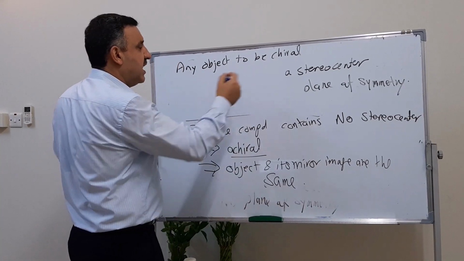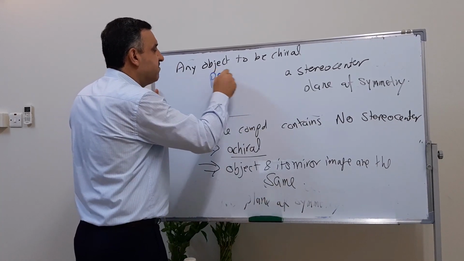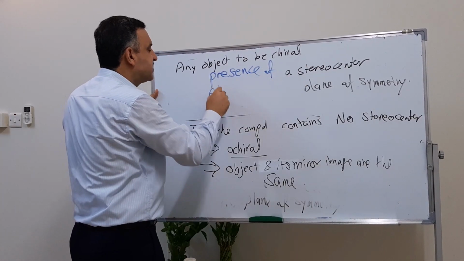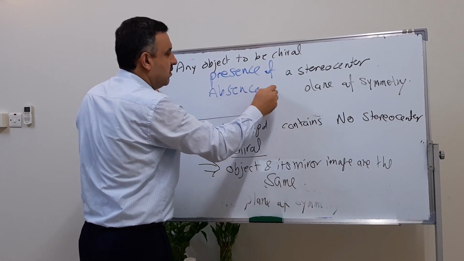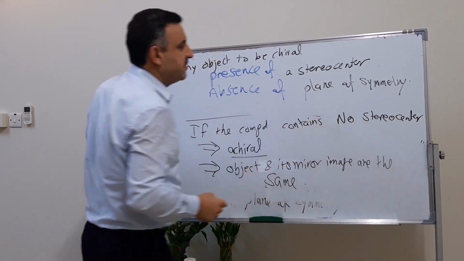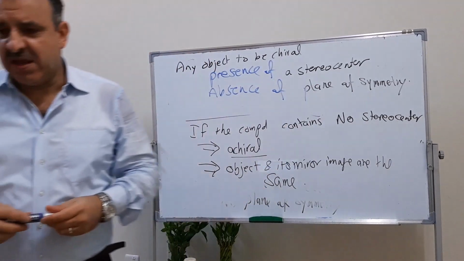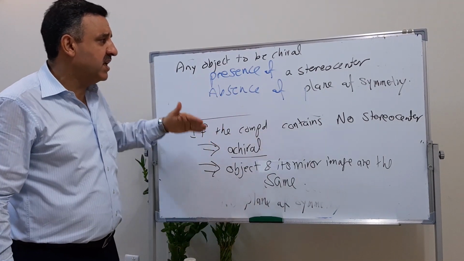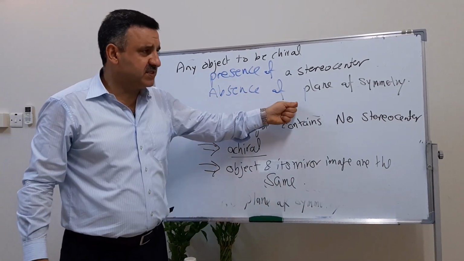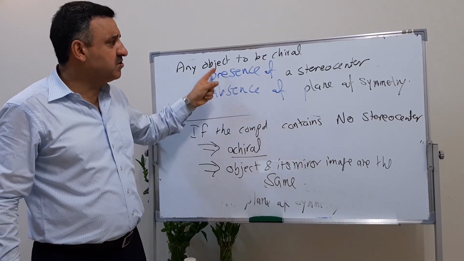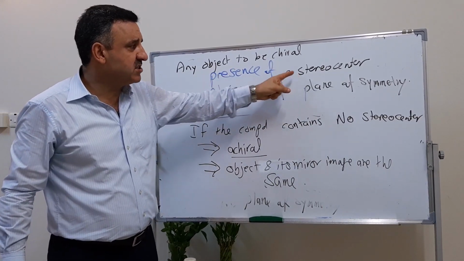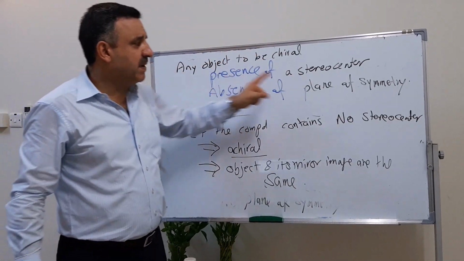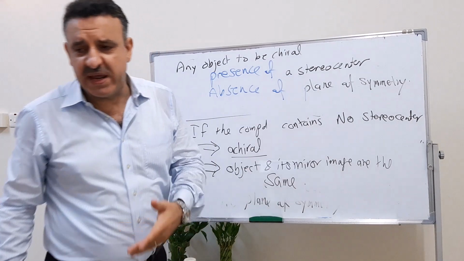For any object to be chiral, there should be the presence of a stereocenter or the absence of a plane of symmetry. Do you follow me? This means that definitely, if a compound has no plane of symmetry, it must contain a stereocenter. If a compound contains a stereocenter, then definitely it must have no plane of symmetry.